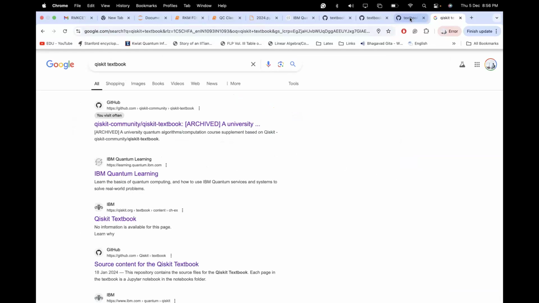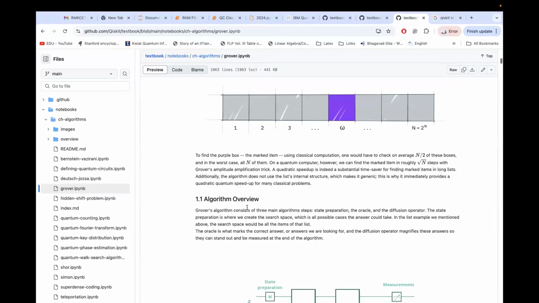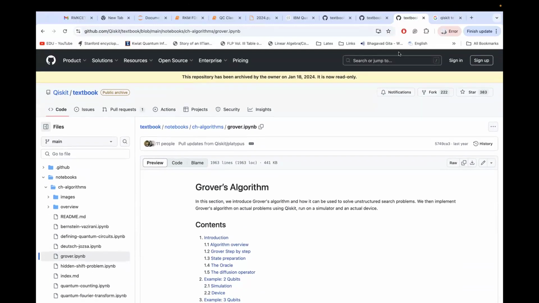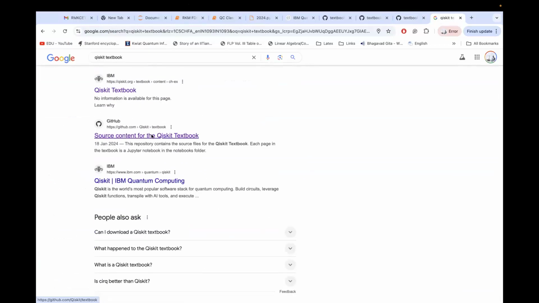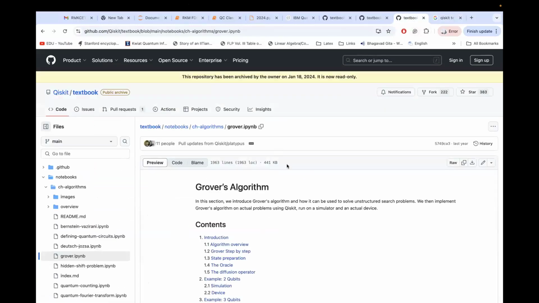Earlier, this textbook was so clean, like a PDF. When you read it, it looked like a PDF, and it was interactive also. You could even work there. But now IBM has closed this website completely, and they have given this GitHub. You have to get everything from this GitHub page.